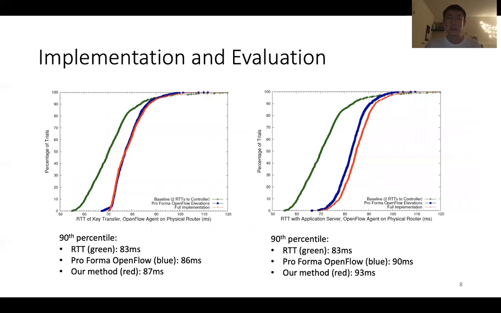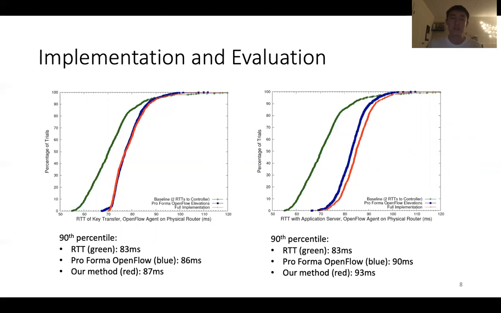Next, we evaluate the performance. On your left-hand side is the key transfer component. On the right-hand side is key verification. We use a green line to show the round trip time from our local network to the controller. This is used for comparing how much time our system adds.